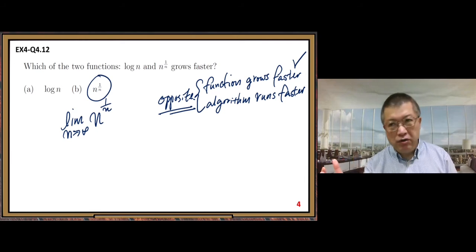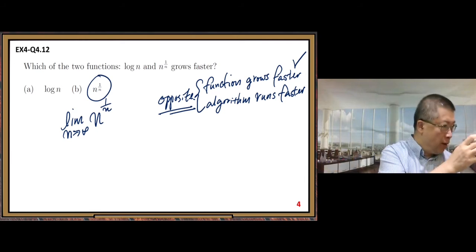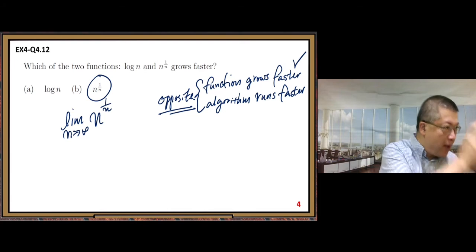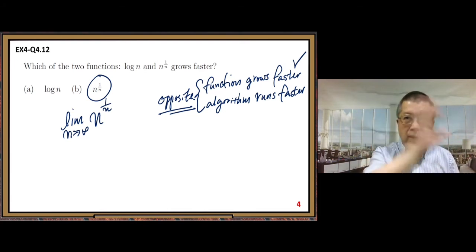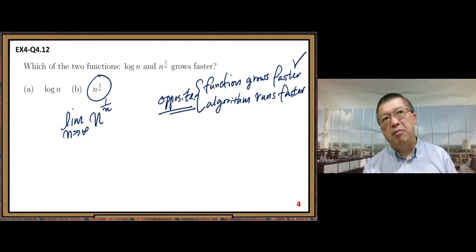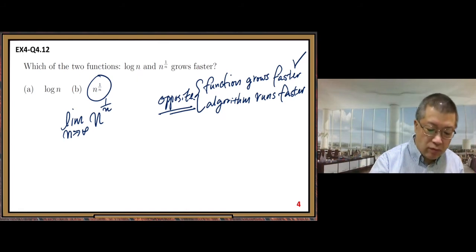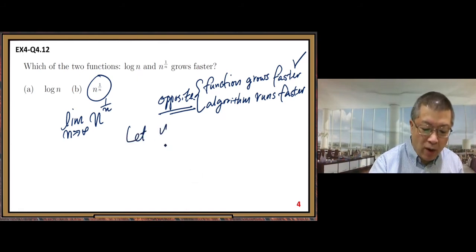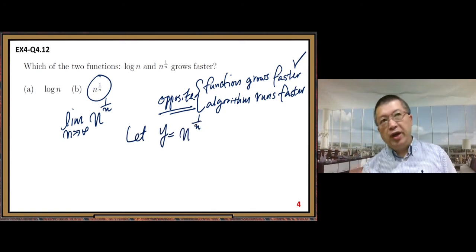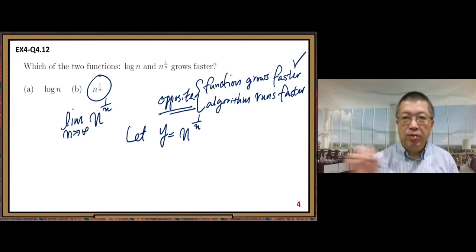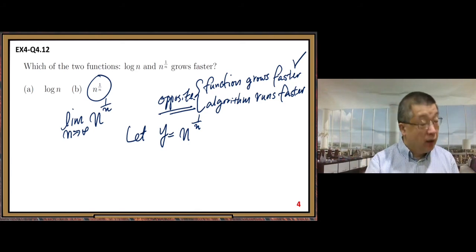For an exponential function where both the base part and the exponent part contain the variable, that makes the whole thing pretty complicated. So there is a commonly used method. We let y be the whole thing, introducing a new symbol y representing the whole function.